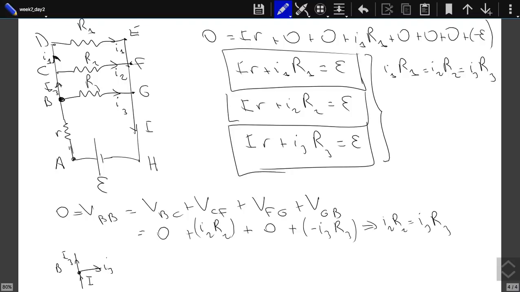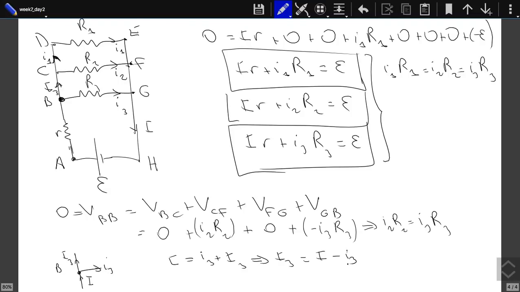If charge is conserved, plus we are studying steady currents, which means there is no accumulation of charge anywhere, this point was neutral, is still neutral, then whatever charge enters at the point B should also leave the point B. So that just tells me that I should be equal to small I3 plus large I3, which tells me that this large I3 is capital I minus small I3. We agree?